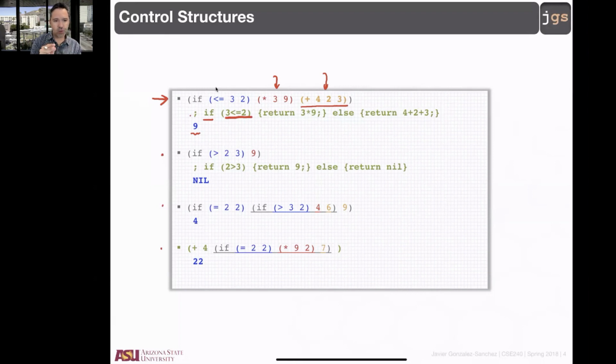I am not going to execute the red one. I am going to execute the orange one. The orange is going to do the addition, 4 plus 2 plus 3. That is a function, it returns a result. It's going to return the result, this plus, to the if. Just like that.